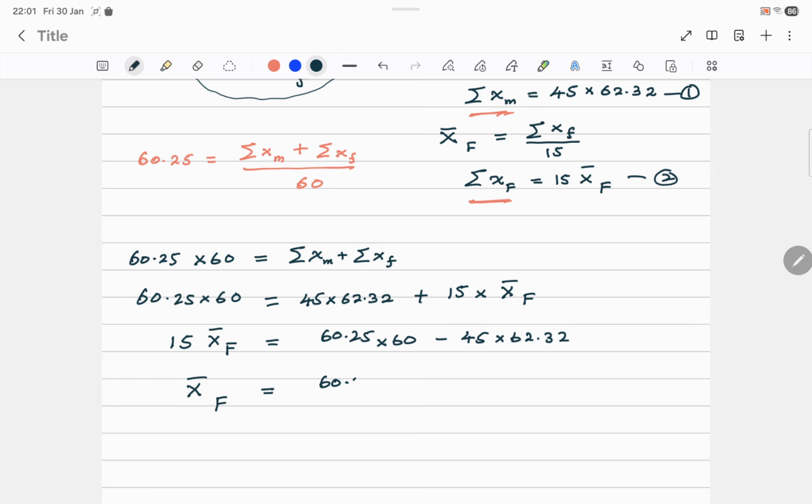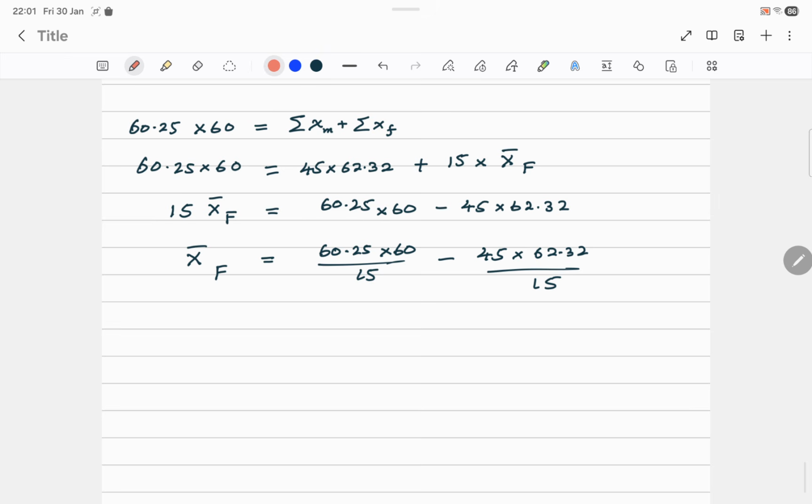So 60.25 times 60 over 15 minus 45 times 62.32 over 15. Now simplify and you can get the answer. This is 4, this is 3. 60.25 into 4 is what? 241 minus 62.32 into 3, 186.96, right?